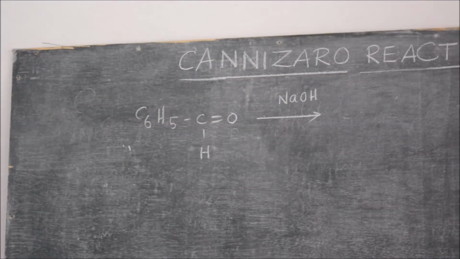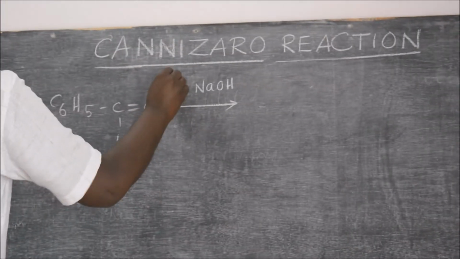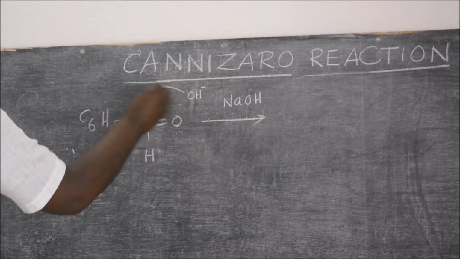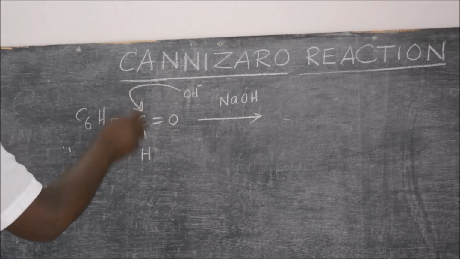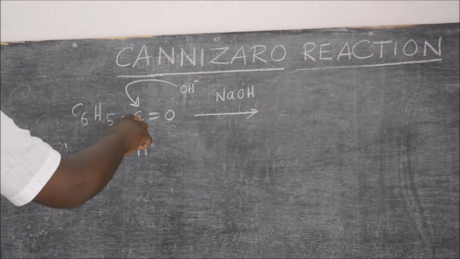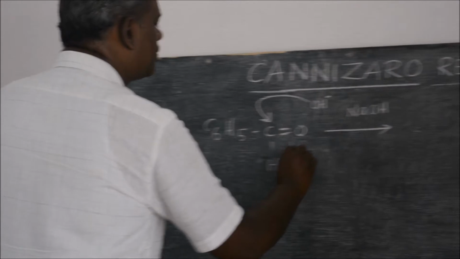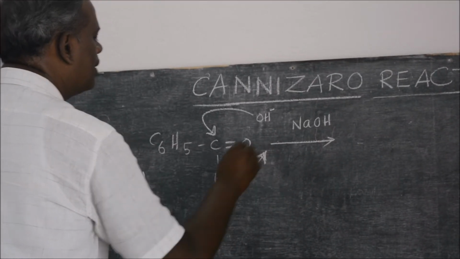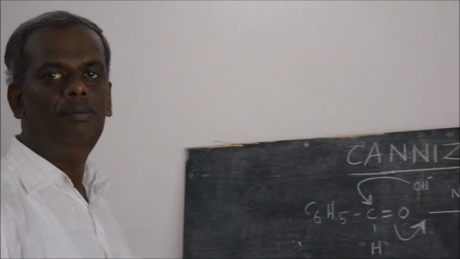In stage 1, OH minus, which is behaving like a nucleophile, is attacking this particular carbon. While attacking the carbon, there will be initiation of a bond between the carbon and OH. Subsequently, the bond between the carbon and oxygen is broken, and the oxygen carries minus.